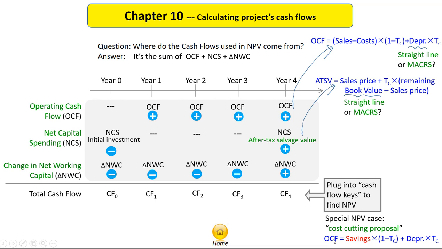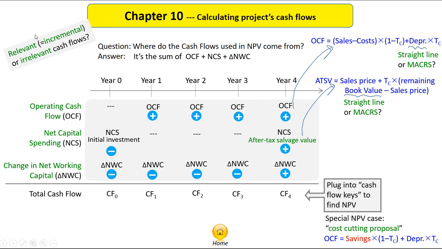And so the operating cash flow formula is slightly rewritten as savings multiplied by 1 minus the corporate income tax rate, like in the original formula. And then, just like in the original formula, we add the product of the depreciation amount for that year multiplied by the corporate income tax rate.